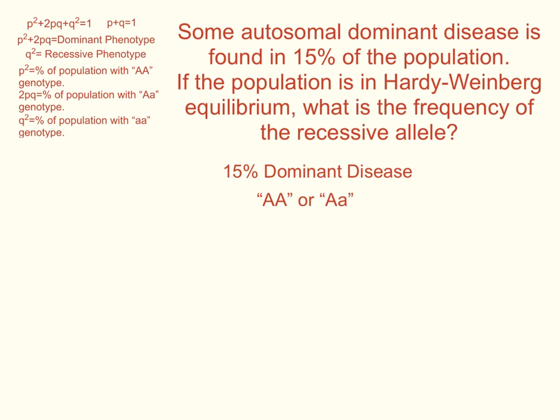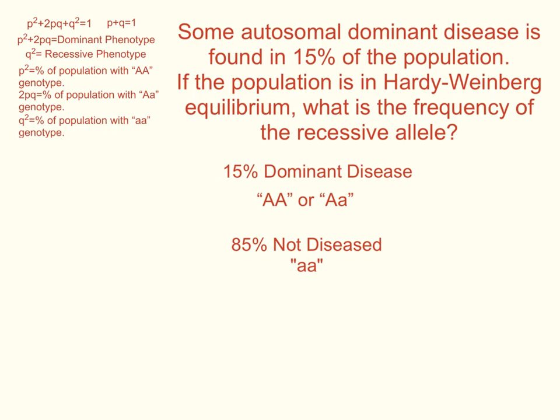This also tells us that the other 85% of the population does not have the disease, which makes them little a homozygous recessive. The question asks us for the frequency of the recessive allele, which can also be interpreted as the frequency of the little a allele. It's important to remember that any time a question is asking for an allele frequency, it's asking for a P or a Q value.